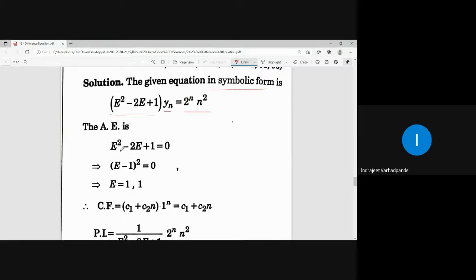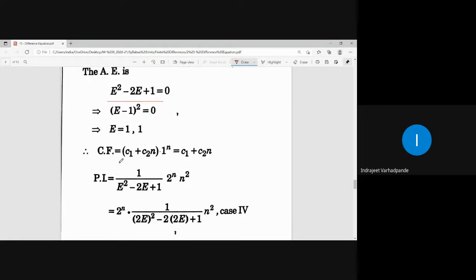The auxiliary equation is E square minus 2E plus 1 equal to 0, which is (E minus 1) whole square equal to 0, and the roots are E equal to 1, 1. The roots are real and equal, and therefore the complementary function is written as (c1 plus c2 n) multiplied by 1 to the power n, which is c1 plus c2 n.